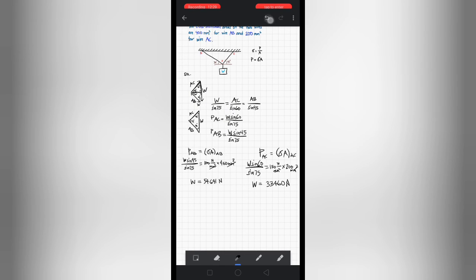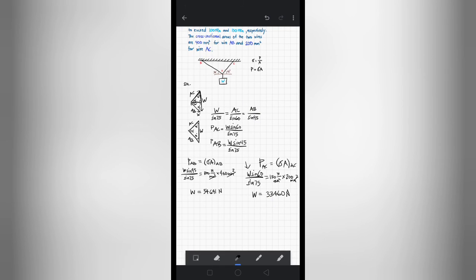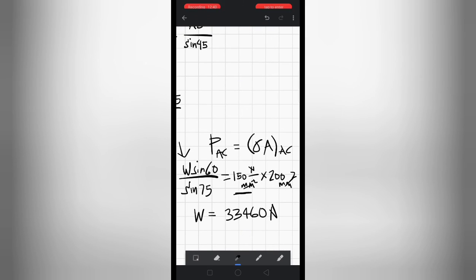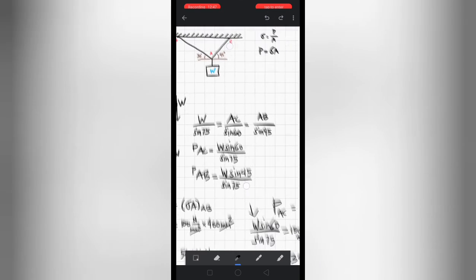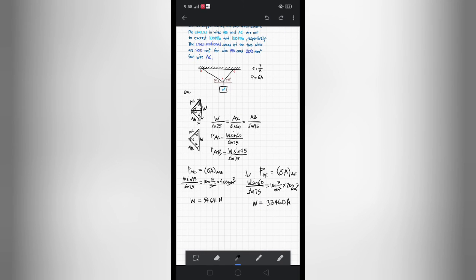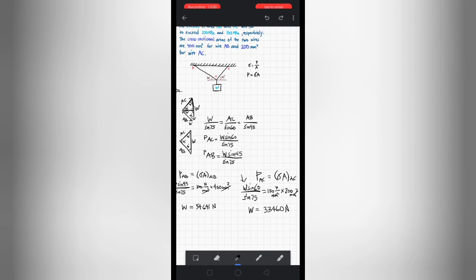On the other hand, if we substitute this W to this equation and we got a result greater than this 150 MPa stress, therefore this weight, if we put that here in our system, will no longer be safe, and eventually the wire AC will break due to that load.